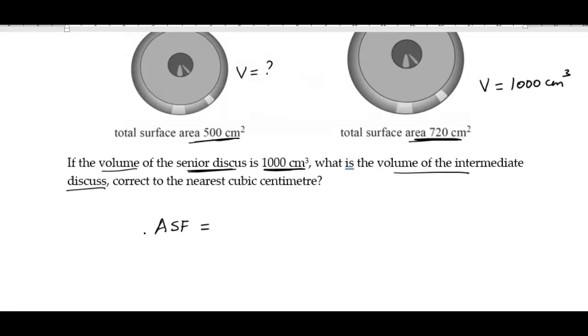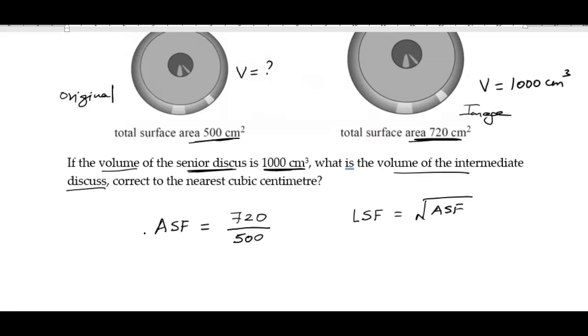Again, I'm going to consider this as my original, and this is the image, as nothing's been mentioned in the question. So the area of the image, which is 720, divided by the area of the original, which is equal to 500. From here I need to work out my length scale factor. So the length scale factor is found by taking the square root of the area scale factor.